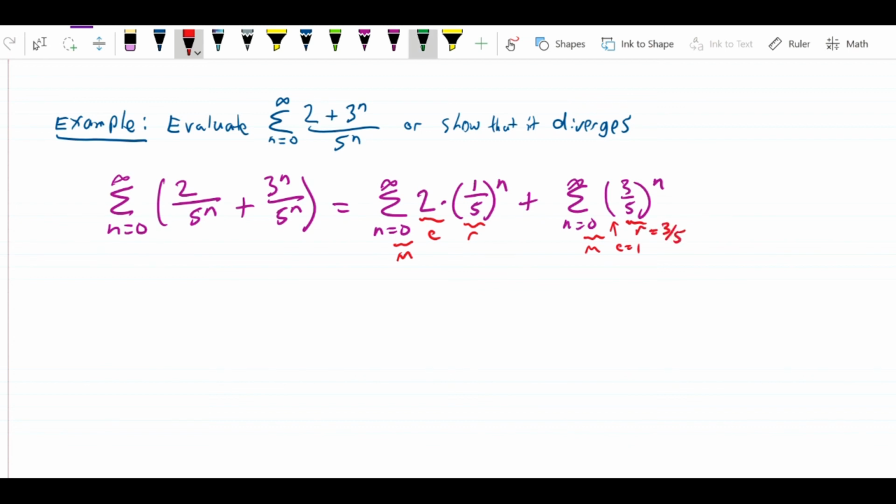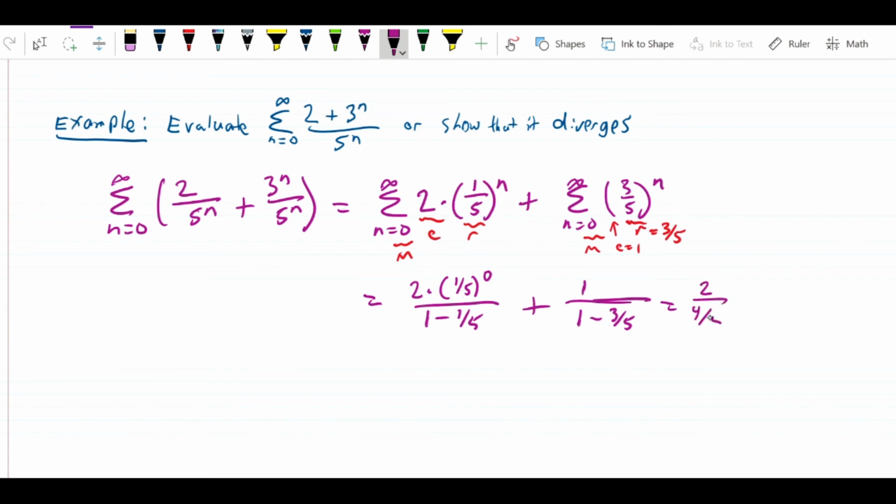So this summation comes out to 2 times 1/5 to the 0 over 1 minus 1/5 plus 1 over 1 minus 3/5. 1/5 to the 0 was 1, by the way. So that's going to be 2 over 4/5 plus 1 over 2/5. So that equals 2 times 5 over 4 plus 5 over 2.